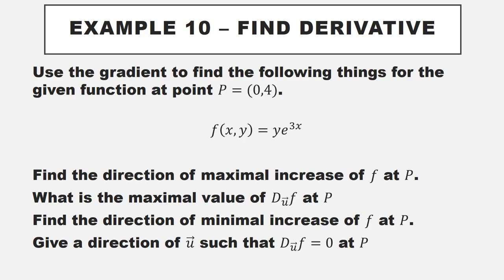I want to find the direction of minimal increase, and then we'll also find the minimal value of the directional derivative. And then we'll find a vector such that the directional derivative is 0 at point P. So we'll go and do that for the point (0, 4) and this function here.